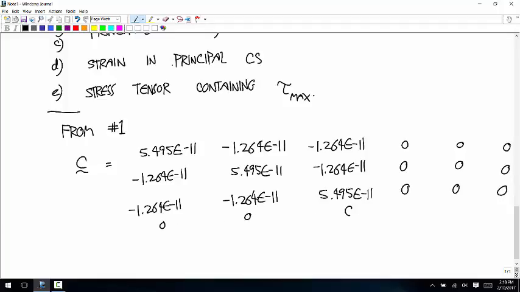Okay, and then what's that shear coefficient? Okay.